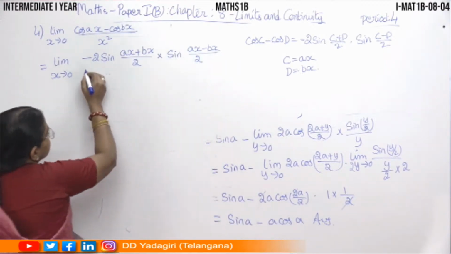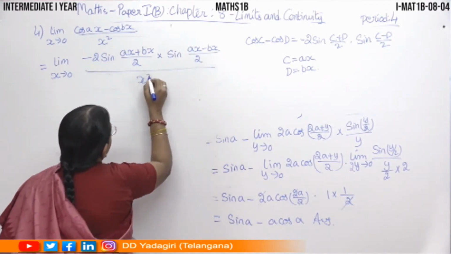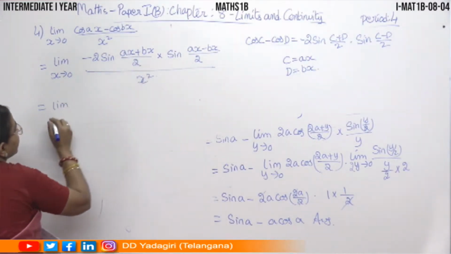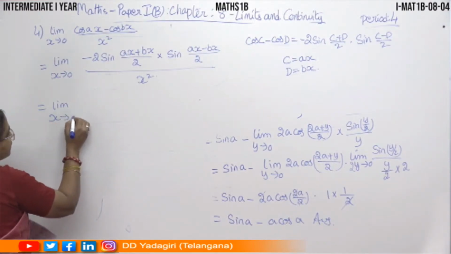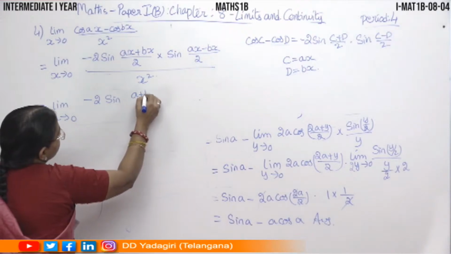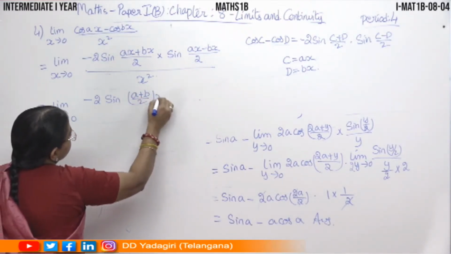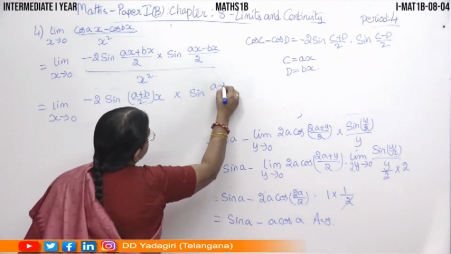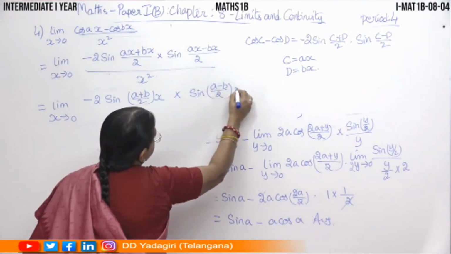Now again by x square. Now when you see, in the angle you can take x common. So limit x tending to 0 of minus 2 sine of (a plus b) by 2 into x, into sine of (a minus b) by 2 into x.